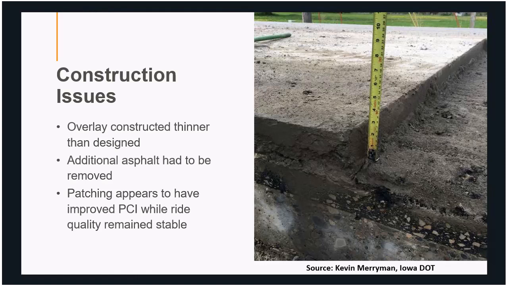In this case, additional asphalt had to be removed so that the patch portion of the overlay could be placed at the original design thickness. The patching appears to have improved the pavement condition index, while the ride quality remains stable based on the pavement management data we got 2 years after the repair.